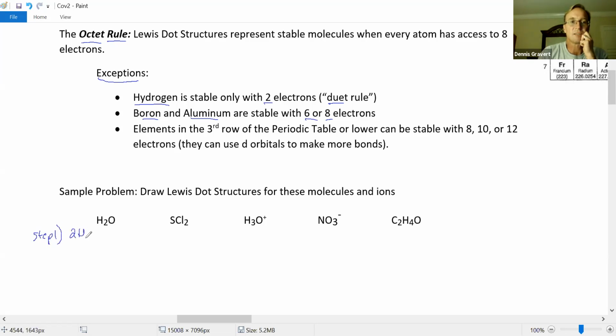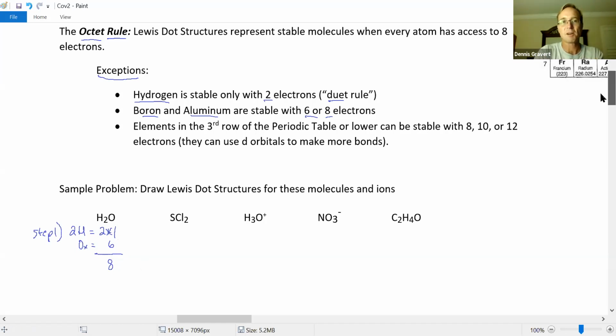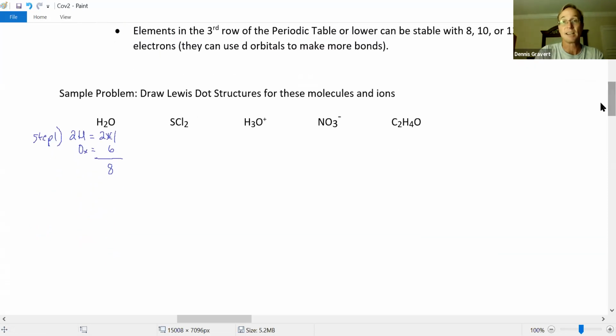Hydrogen, there's 2 H's. Each one has 1 electron. There's 1 oxygen. That comes in with 6. 2 times 1 is 2, plus 6 is 8. 8 total electrons. That's step 1. I counted them all up, and it's not a cation, it's not an anion, no adjustment.